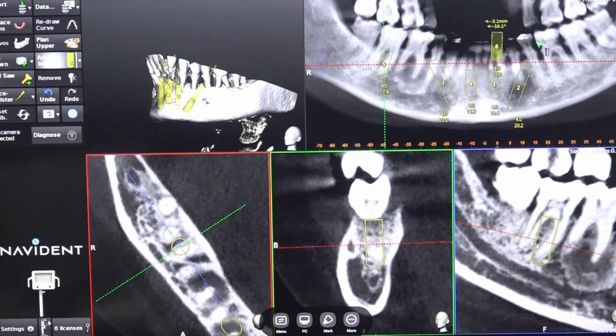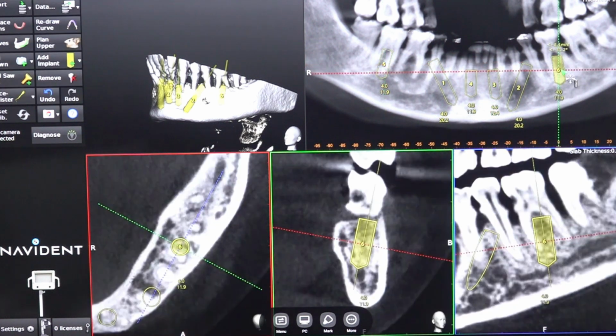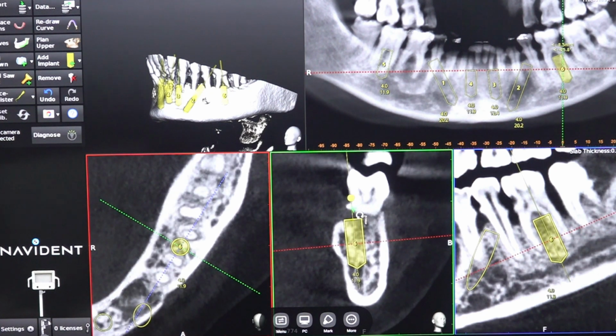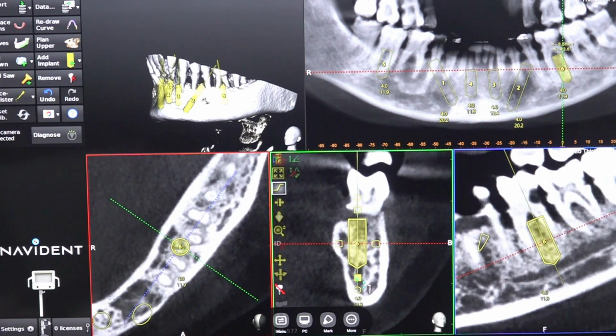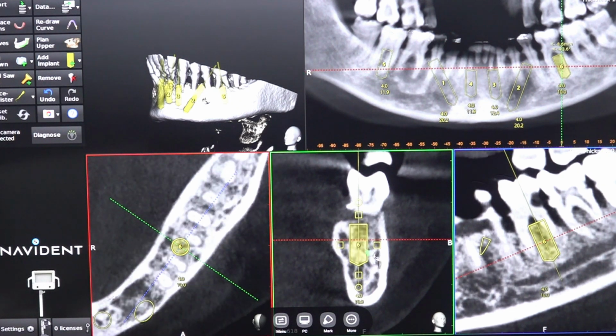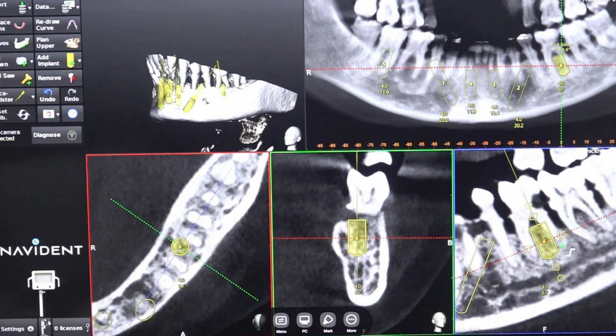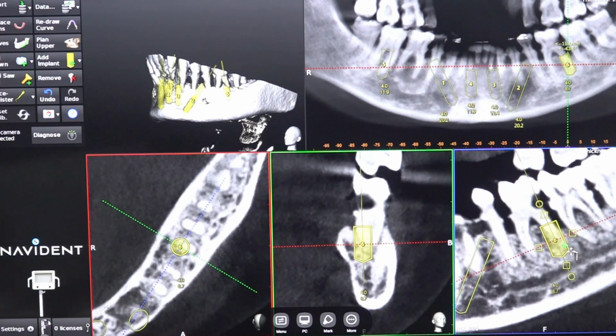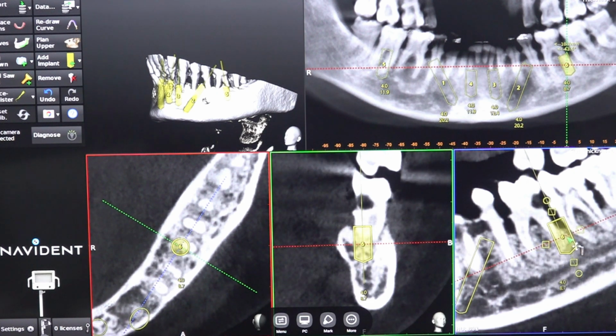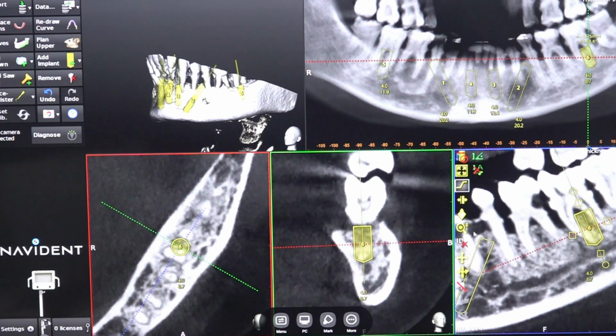So coming to left molar implant, we will check the interdental bone of 6. There is good interdental bone in the 6 region. An 8 mm implant we can place, not 10 mm, it is closer. Even in the distal root of 6 we can plant. We will check the interdental bone of 7.